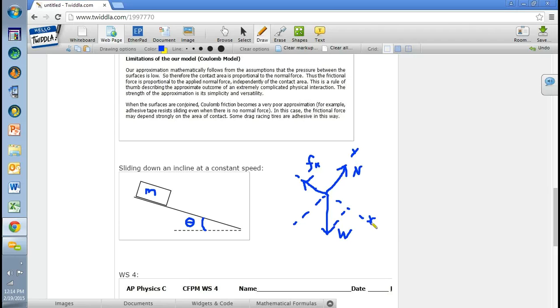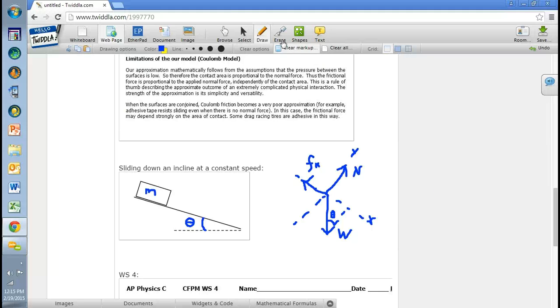So now this angle theta here for my ramp is going to be the same as this angle here, theta. That's kind of the hardest thing for students to see. Anybody need me to explain the angle theta? Okay, it looks like we're okay with that.